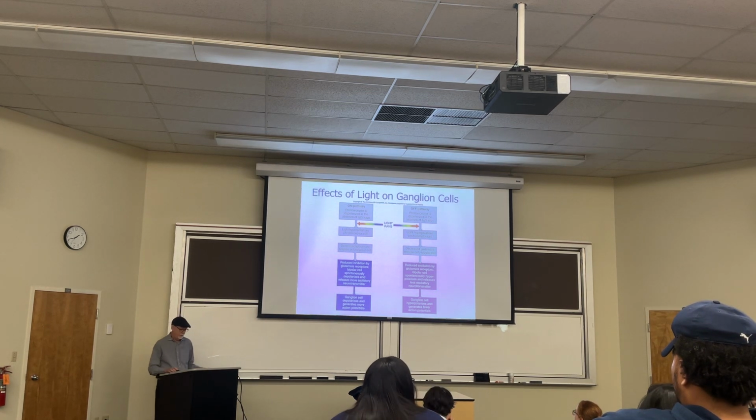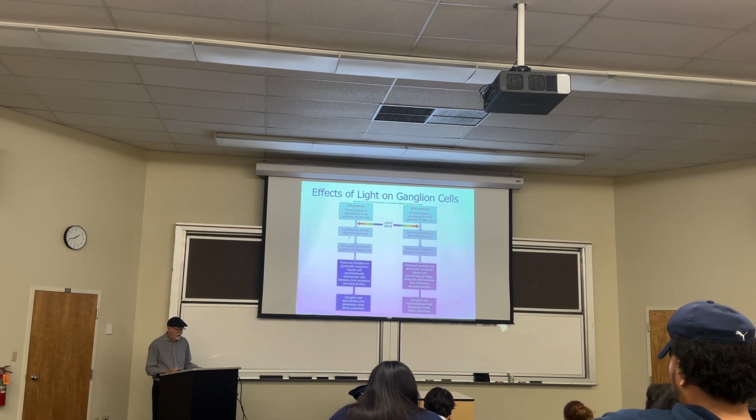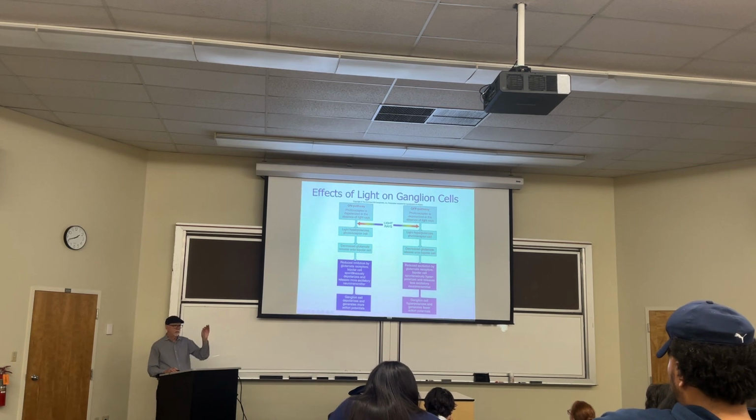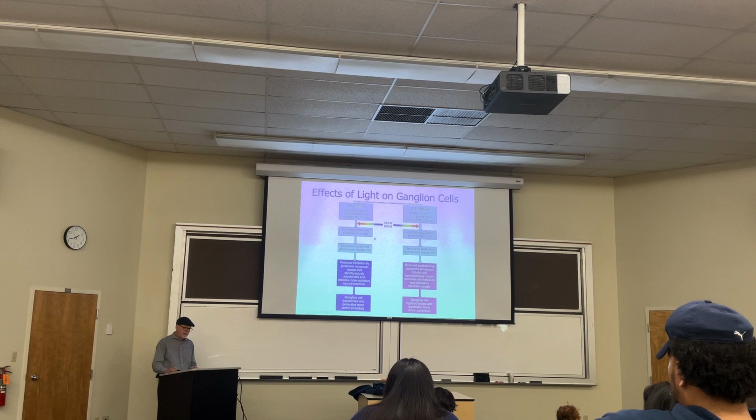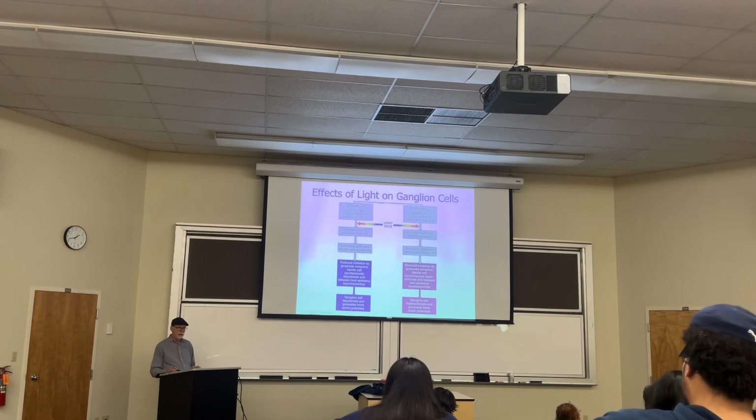Let's say it again. In the on pathway, in this subclass of bipolar cells, if you bind glutamate to them, they will hyperpolarize. They'll be inhibited. So if you have decreased glutamate, which happens during the light, you will reduce that inhibition because you have less glutamate.